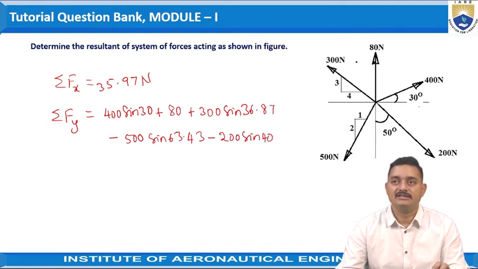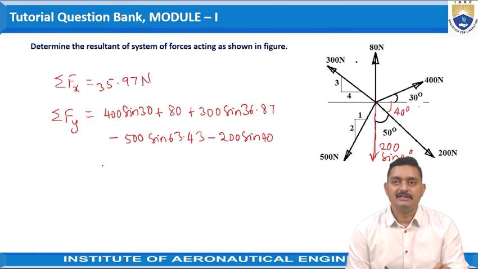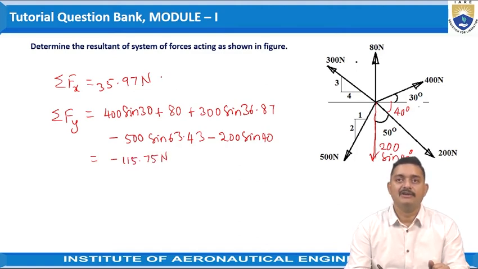This minus 200 sine 40 is because it is acting in the downward direction, and that value would be 200 sine 40 degrees. So when you simplify this, you will obtain the value as minus 115.75 Newtons.